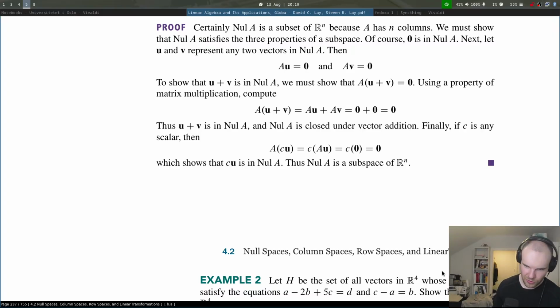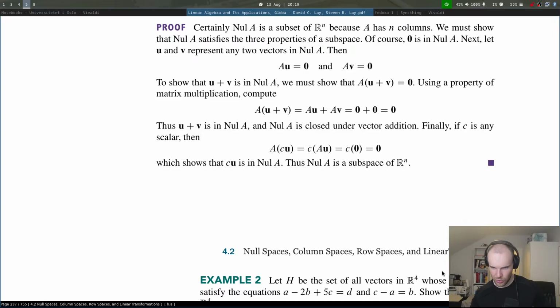So we have 2 equations. We have a minus 2b plus 5c is equal to d. Then we have c minus a, which I can write more cleverly as minus a minus b plus c equal to 0.